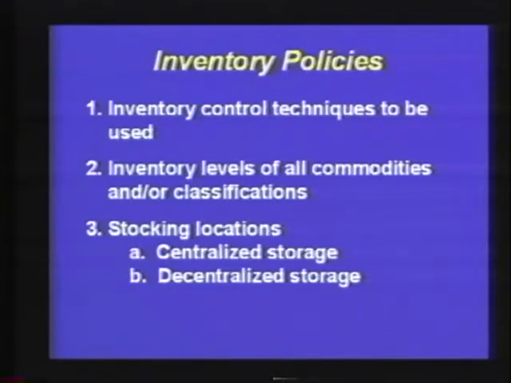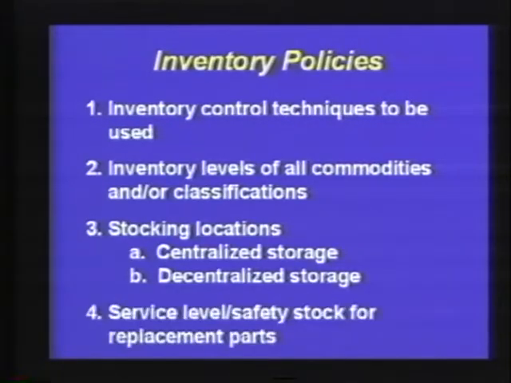Item number 3 addresses stocking locations. Do we have a central storage area, or do we have decentralized? Either will work, but remember, the bin on hand that we use in the inventory management program is the sum of all inventory on hand, especially in a decentralized storage environment. Item 4 is the safety level, which we're going to review when we develop safety stock for future unplanned requirements, and that is really the input into the development of safety stock.